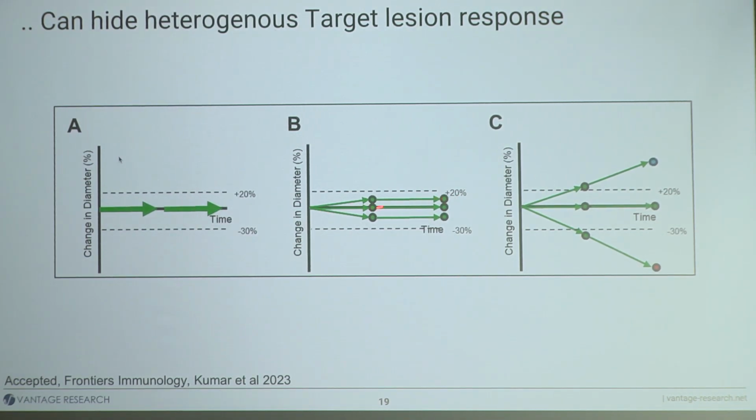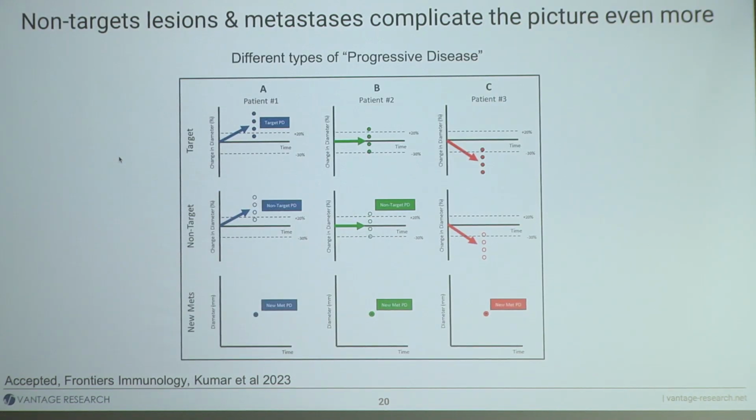But you may imagine that if this lesion is stable, the diameter didn't change at all, you may imagine some variability like this. But what really happens can depend on the mechanistic makeup of that lesion. If it's a hot lesion, it can shrink, and if it's a cold lesion, it can grow out. These are cartoons, and we'll talk a little bit about the data which supports this as well.